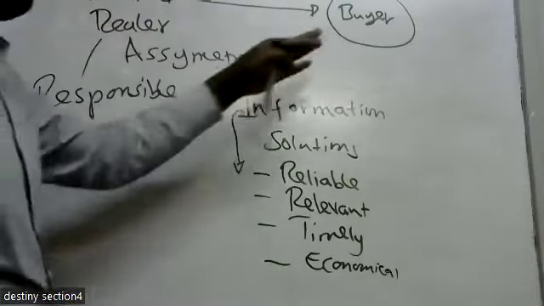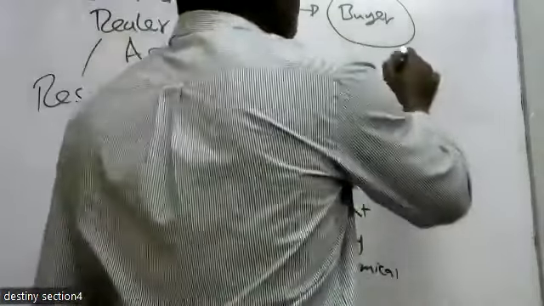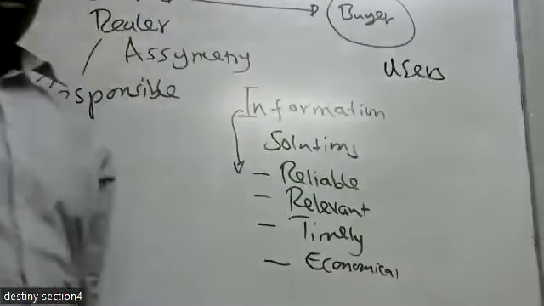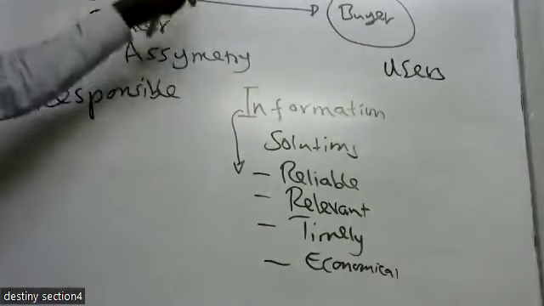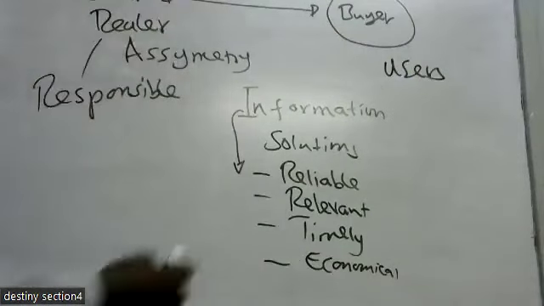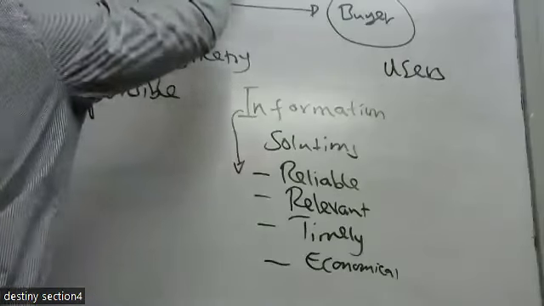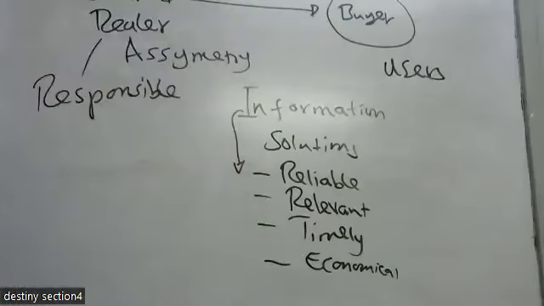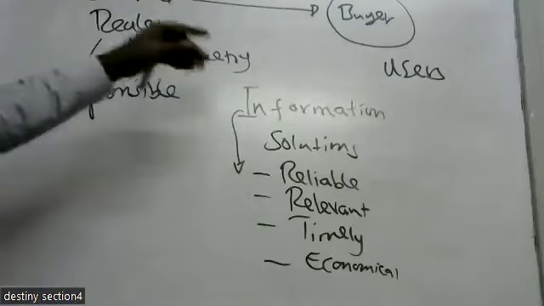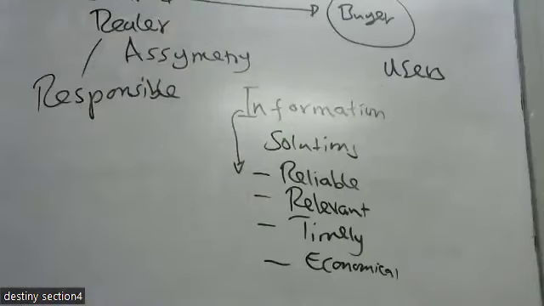Then we have the buyer, who symbolizes the intended users of the information. Then we have another party, the mechanic, who is now the auditor, the practitioner, who will come and examine the subject matter against certain criteria.